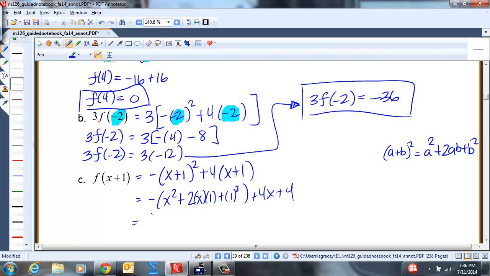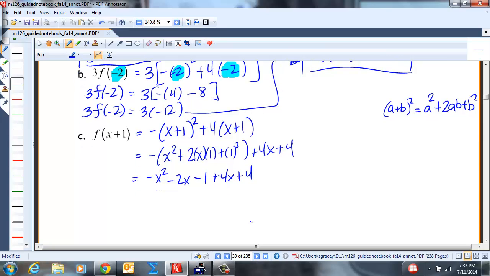So we'll have negative x squared minus 2x minus 1 plus 4x plus 4. And that will give us a result of negative x squared plus 2x plus 3. And let me make sure I added right. All right, looks good.